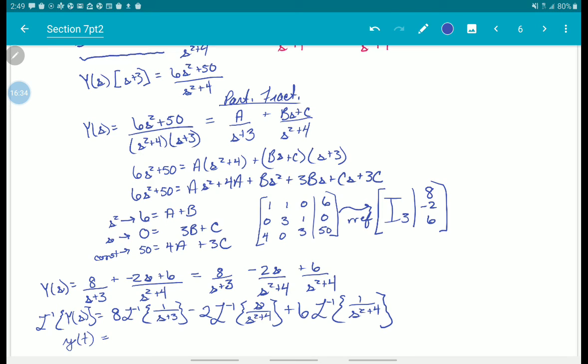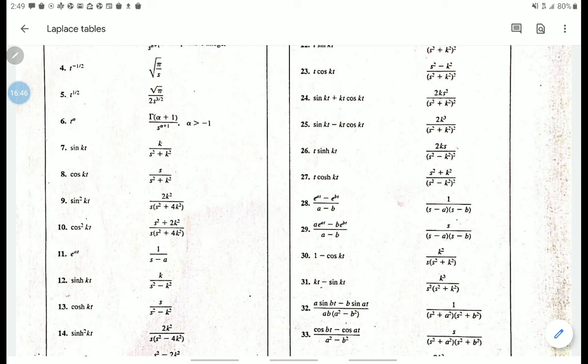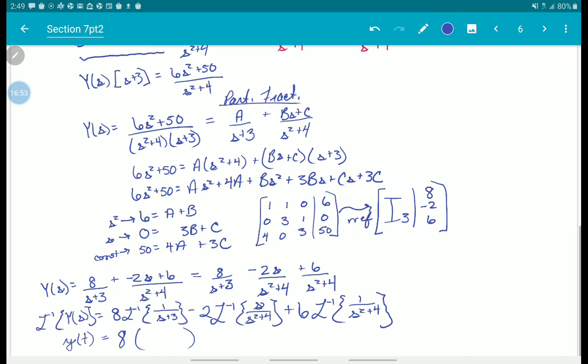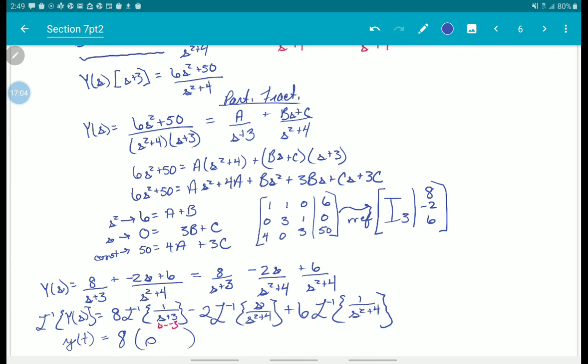We could also call it f of t. Looking at 1 over s plus 3, we're going back to that Laplace worksheet, that table. And that's going to be number 11. We've just got to figure out what a is. And in this case, we could rewrite that denominator as s minus negative 3. So then a is going to be equal to negative 3. So this ends up being e to the negative 3t.